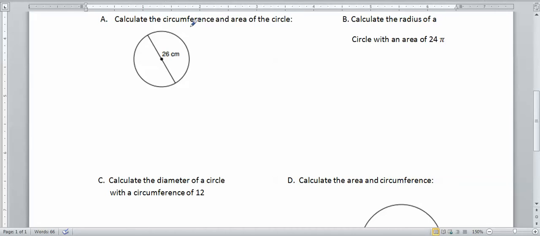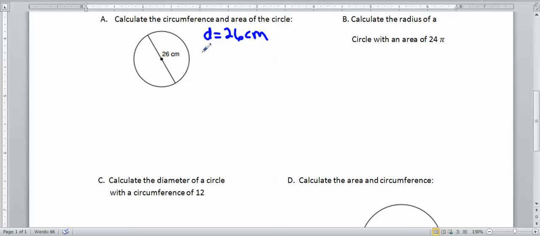Alright, the first one says calculate the circumference and area of the circle. Okay, so given me a circle, and this is the diameter, right? This goes through the center, and it tells me that my diameter is equal to 26 centimeters. Well, in order to use my two equations, I'm going to have to find the radius.